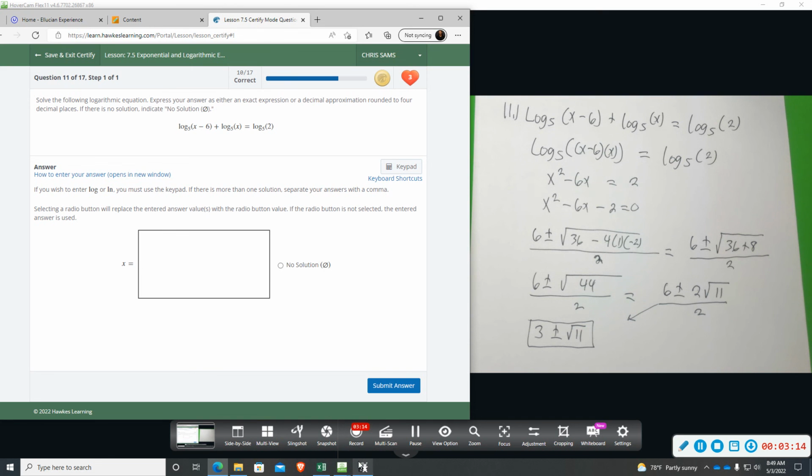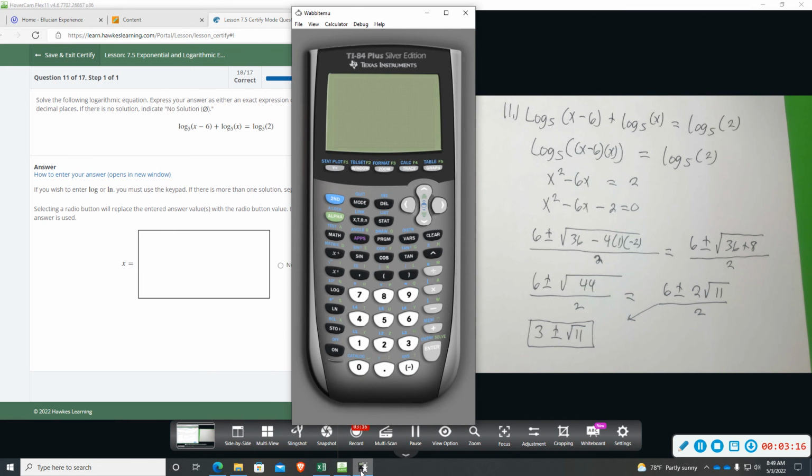So calculator, and then we're going to do 3. Let me just clear that. I'll just do second enter and recall that, and then type a 3 here.